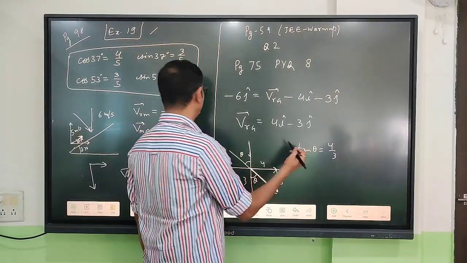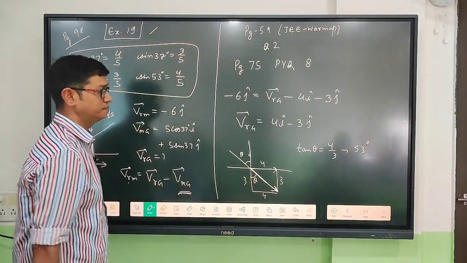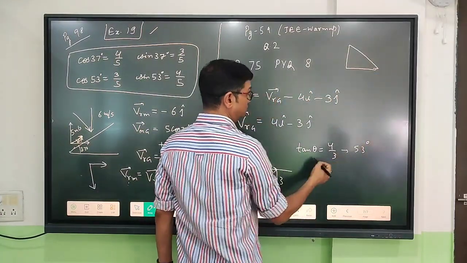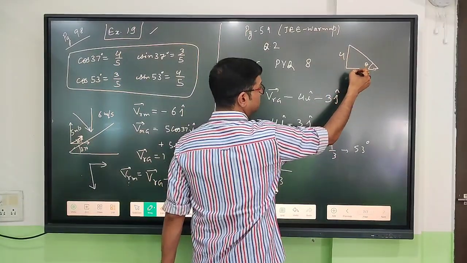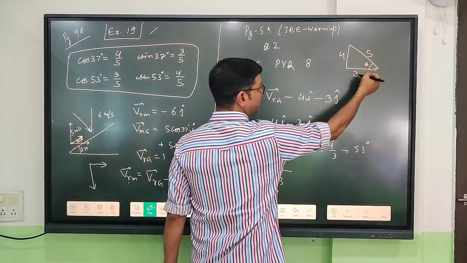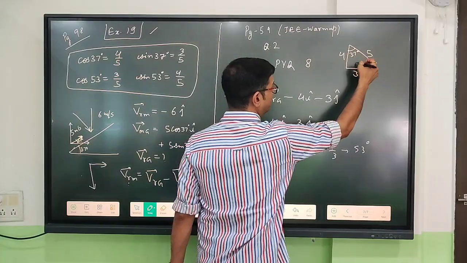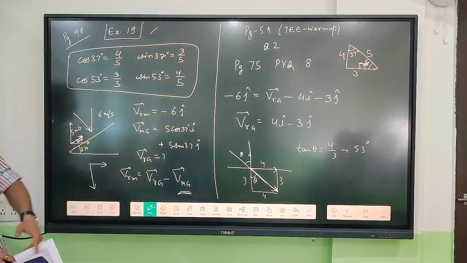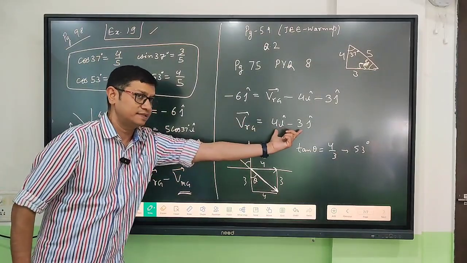By the way, what will the angle tan inverse 4 by 3 be? This will be 53. How? It is the same 3 4 5 triangle. Tan theta is 4 by 3, so this is 4, this is 3, this is going to be 5. This is our typical 3 4 5 triangle. So the angle opposite 3 is 37 and the angle opposite 4 is 53. That was the part about figuring out the angle, but the main part is up to this point.